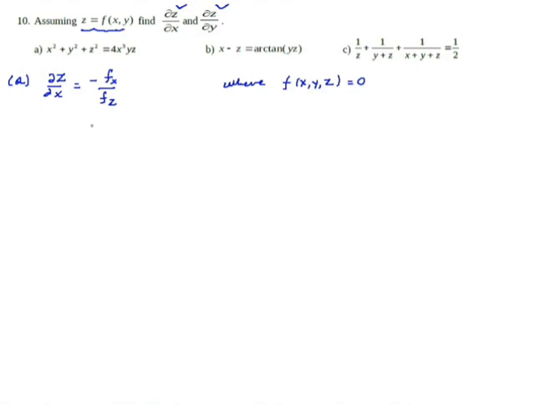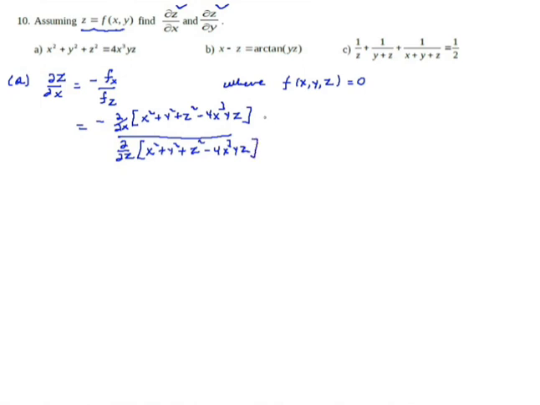Okay, so what is the partial derivative with respect to x? Whose partial derivative do we take? x squared plus y squared plus z squared minus 4x cubed yz, over the partial derivative of f with respect to z. So x squared plus y squared plus z squared minus 4x cubed yz.